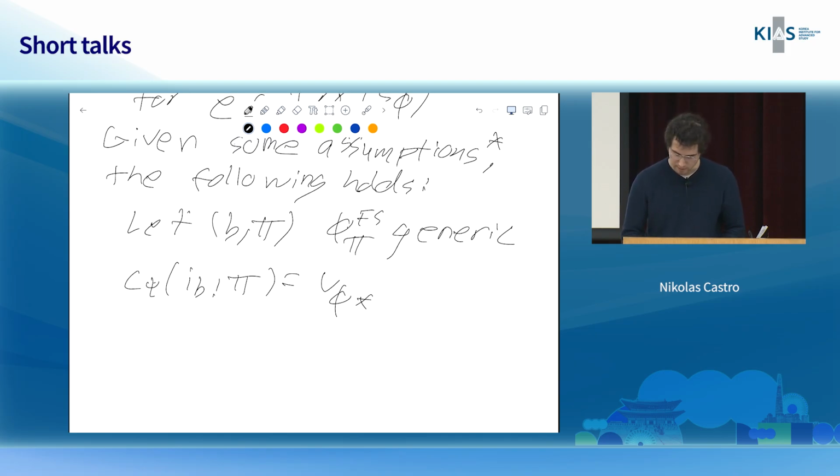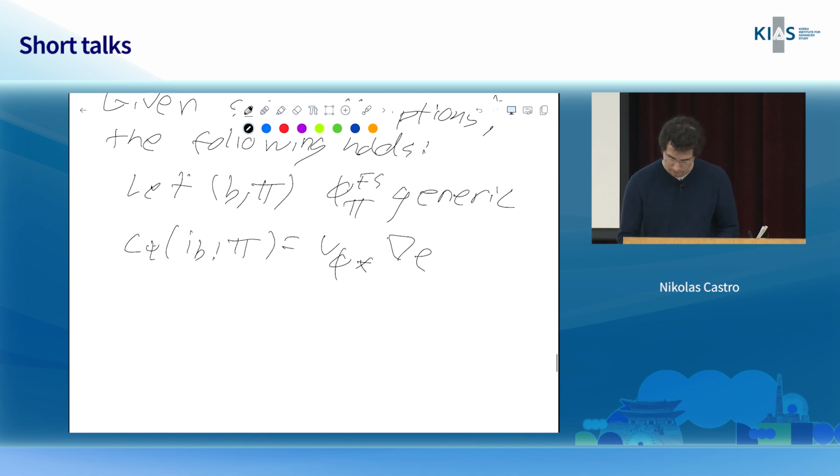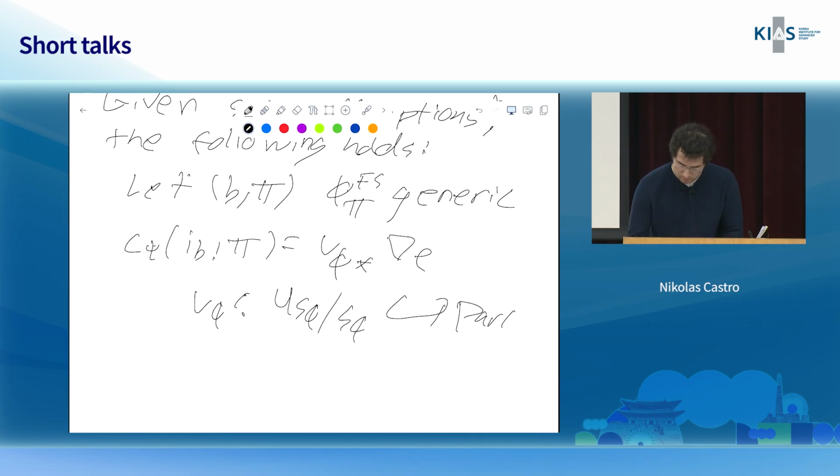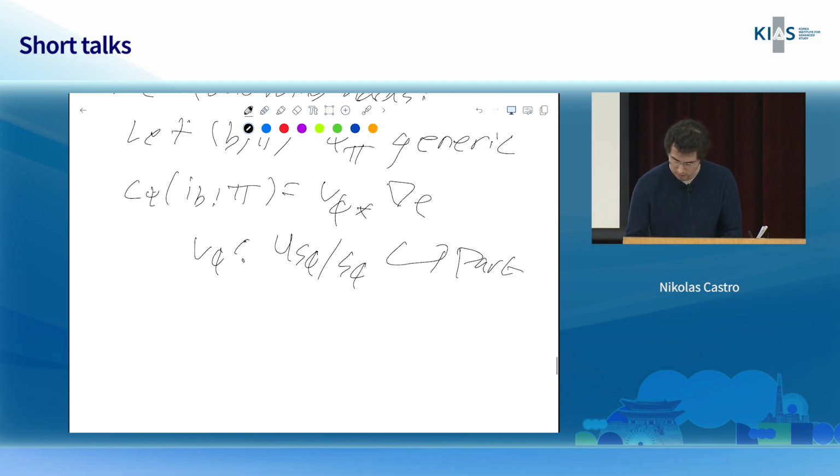okay, I realized I forgot to define this a little bit earlier. So this iota phi is just the inclusion into par G. I don't think this has been discussed yet, but there are these other operations.